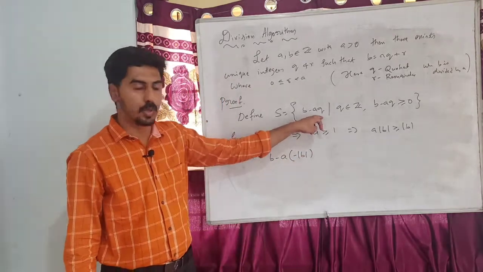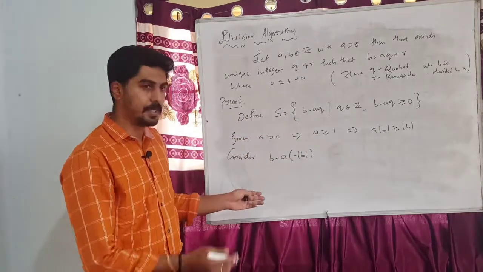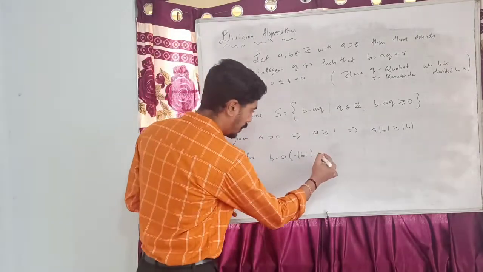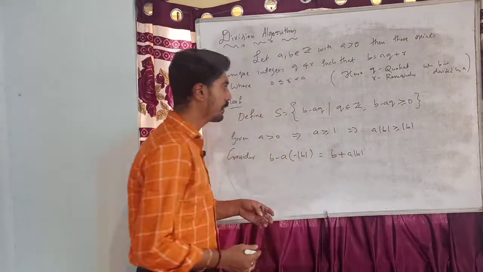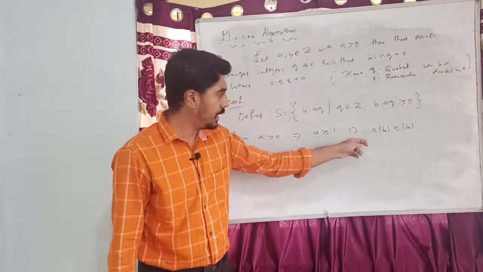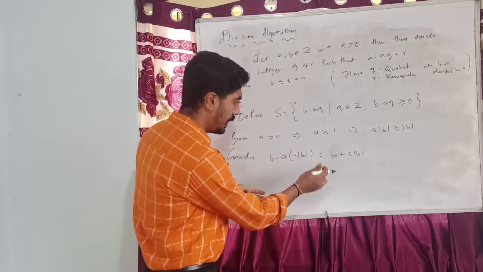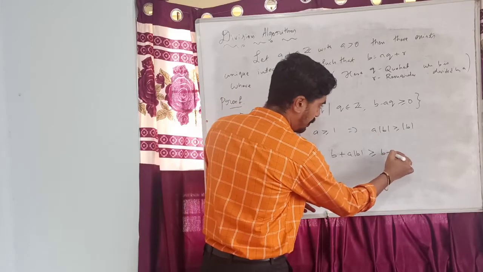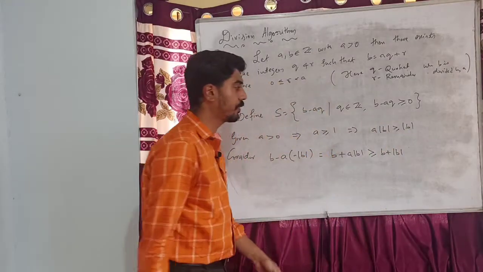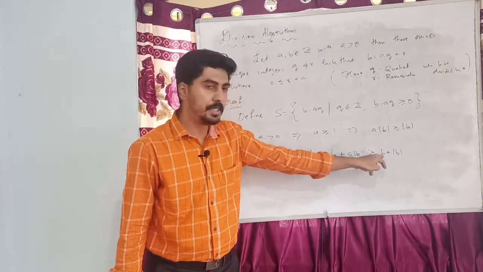Here I am putting q equal to minus mod b. Let us simplify this. This is equal to b plus a mod b. But a into mod b is greater than or equal to mod b. Therefore, this term is greater than or equal to b plus mod b. This is clearly greater than or equal to 0.